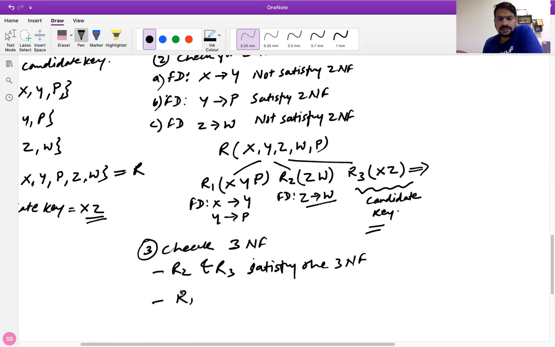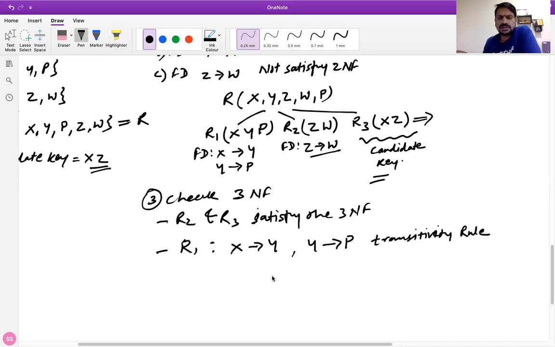Now what about R1? We'll check R1, in which the dependencies are X determine Y and Y determine P. Let's put the transitivity rule and get the transitive functional dependency.